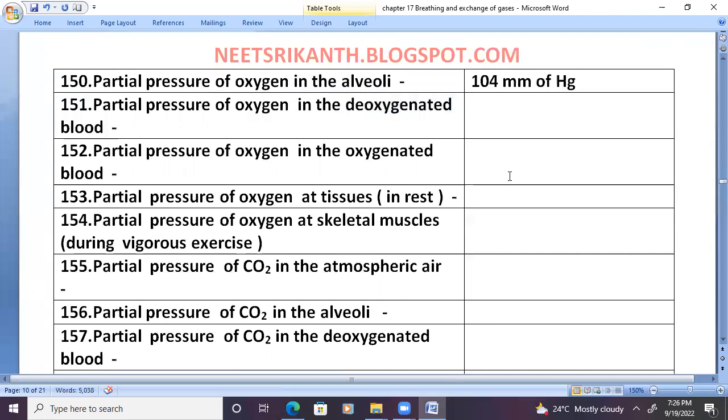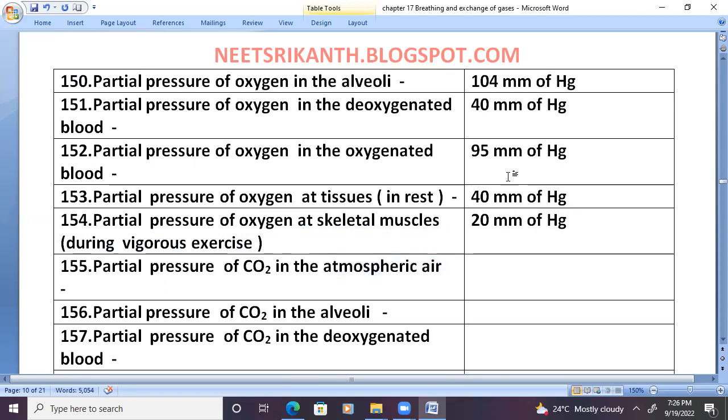Partial pressure of oxygen in the alveoli is reduced to 104 mm of Hg. In the deoxygenated blood, under normal conditions, it is 40 mm of Hg. In the oxygenated blood, you can take 95 mm of Hg. In tissues at rest, it is 40 mm of Hg. In skeletal muscles during vigorous exercise, it is much reduced because of usage, to 20 mm of Hg.